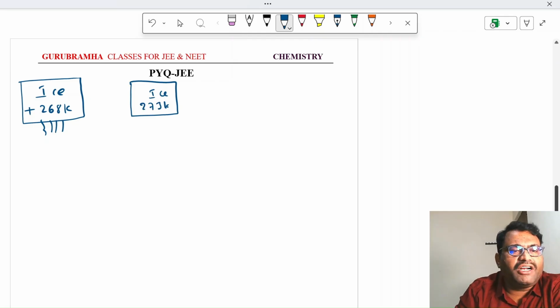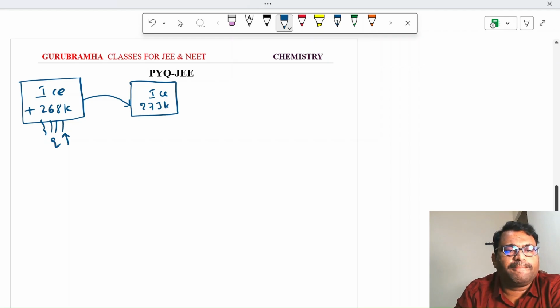Whatever heat you are supplying will be used to increase the temperature from 268 Kelvin to 273 Kelvin. When there is a change in temperature, as we have already studied in the previous question, delta S will be equal to the integration from the initial temperature 268 Kelvin to the final temperature 273 Kelvin.